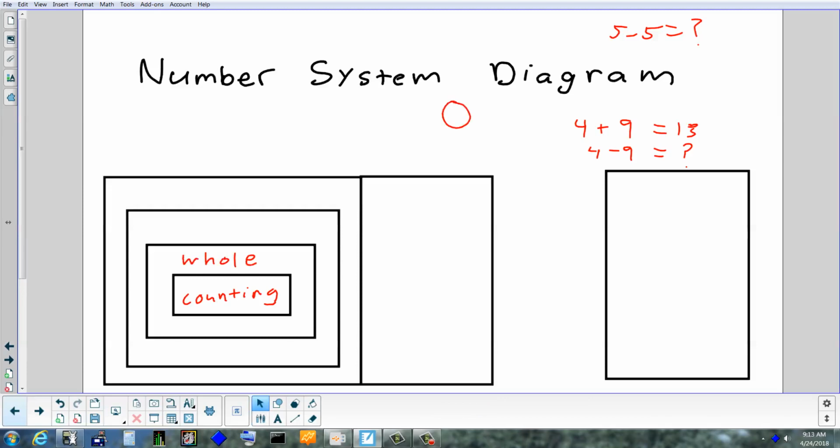But even with whole numbers, we can still run into a problem like the one we have right here. 4 take away 9 is not a whole number. What kind of number do you get if you do 4 take away 9? Negative. Those don't exist. So if I ask somebody in first grade, what's 4 take away 9? They might just put a question mark. If they were really intelligent, maybe they would write undefined, but probably not. But you can't do it. So then we invent another kind of thing to represent negatives.